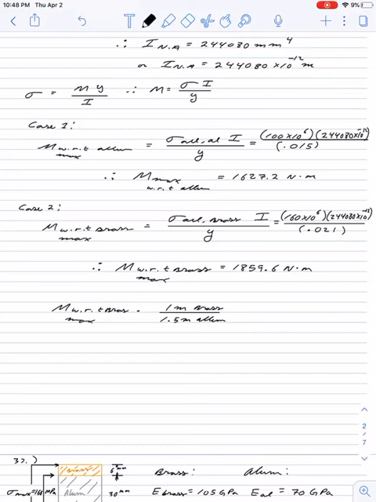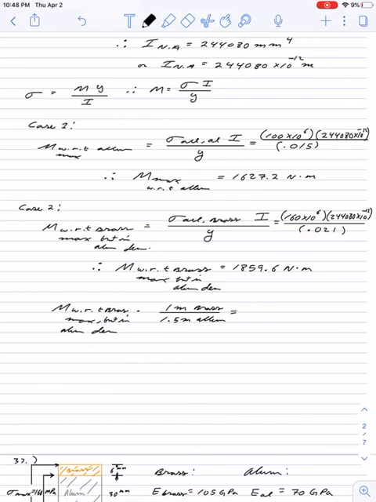And this moment right here, we could say it's with respect to brass, but in aluminum dimensions.